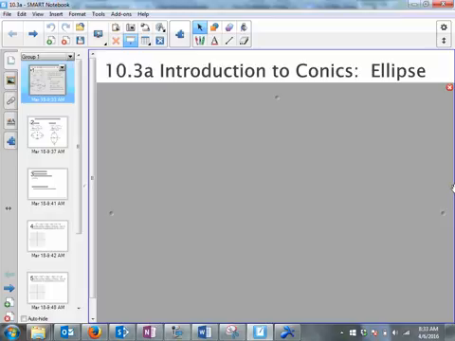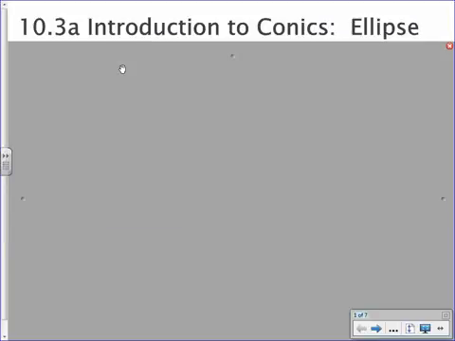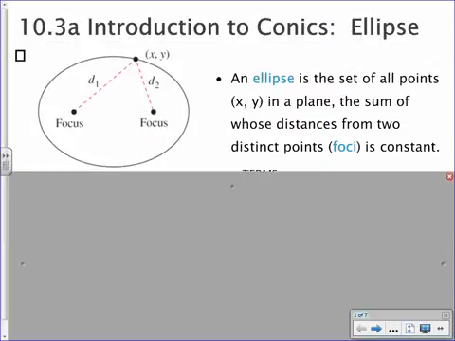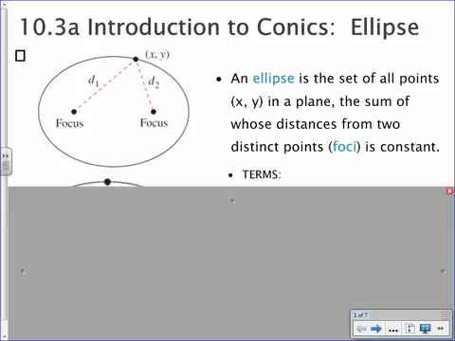Okay, the definition of an ellipse is this. It's the set of all points whose sum of the distances from 2 points is constant. So don't write anything down yet. This is your dental floss. Your dental floss never changed. It changed where it was cornered, but the length of it never changed.